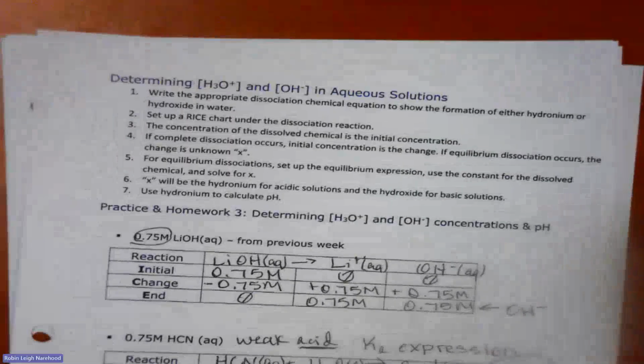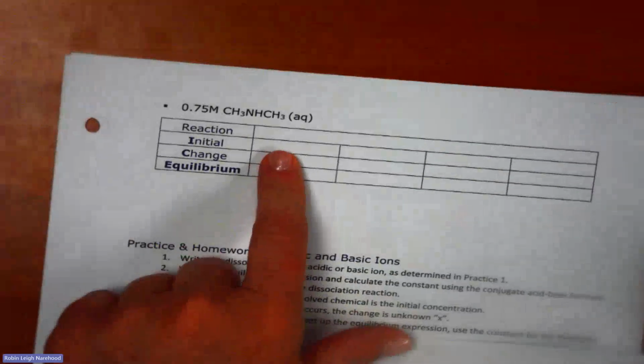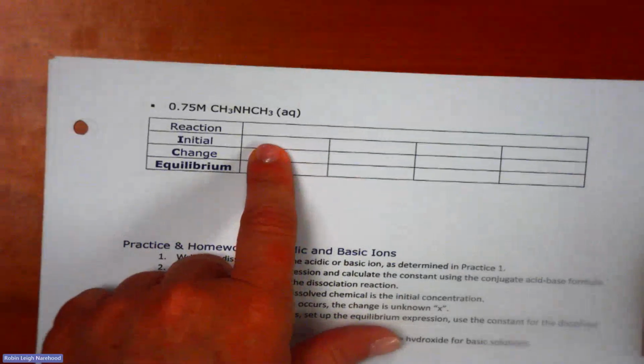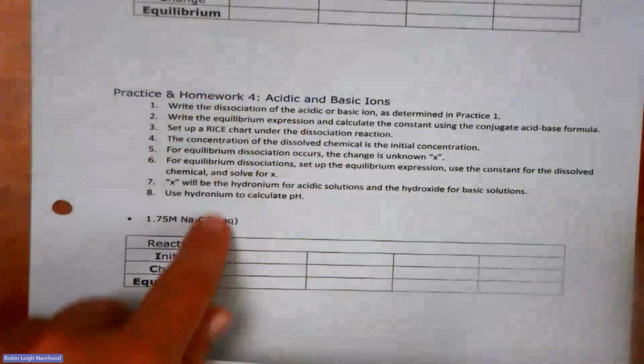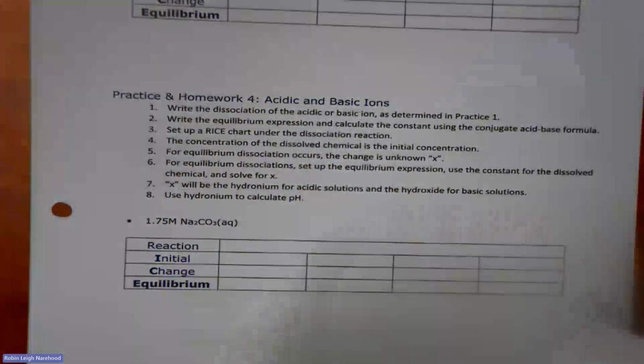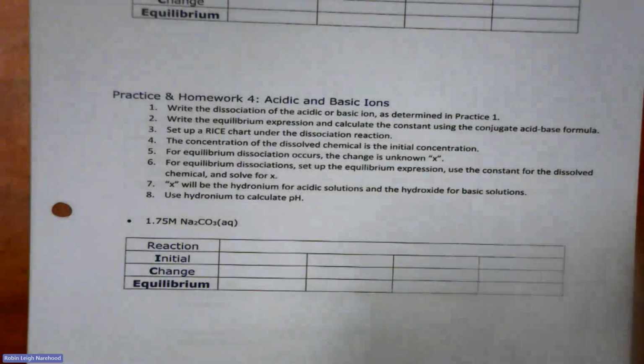So, see if you can do this one and then this one right here for Monday. And I want you to look over the information for the rest of it, because we're going to finish the rest of the stuff on Monday, which is the ion stuff.